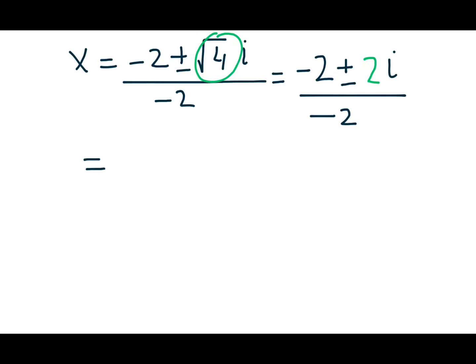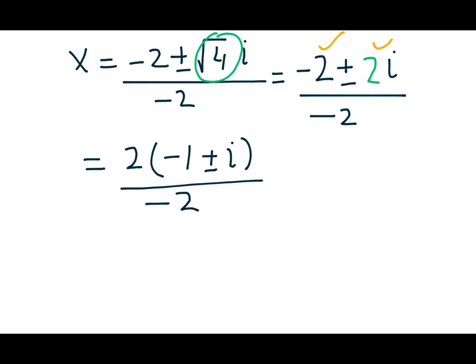We can take 2 as common in both terms, so we can write it as 2 times minus 1 plus or minus i, over minus 2.